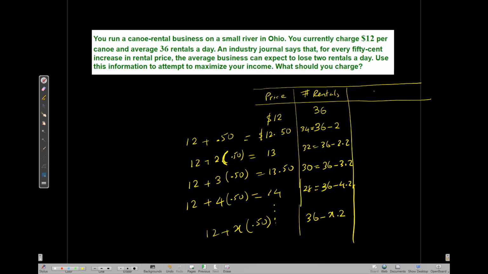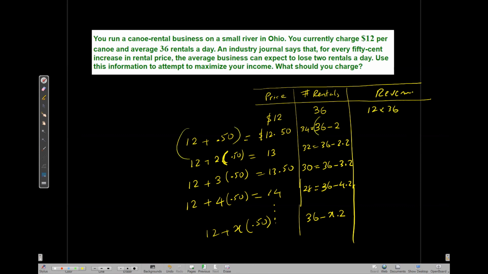Now the revenue that you get is 12 times 36 in this case, and in this case this number into this number. So you simply multiply this into this, and what we need is actually our function: 12 plus 0.5x, or 1/2 x, times 36 minus 2x.